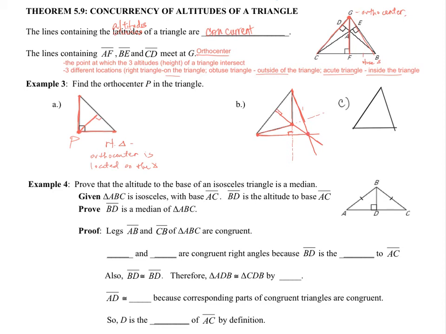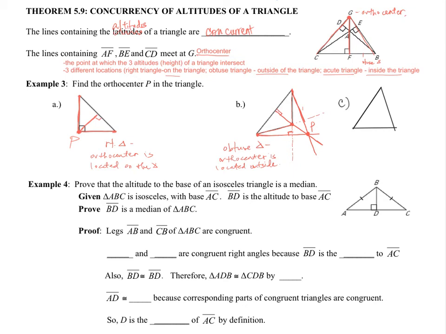As you can see, all three altitudes intersect outside of this obtuse triangle. So we can conclude that for an obtuse triangle, the orthocenter is located outside.